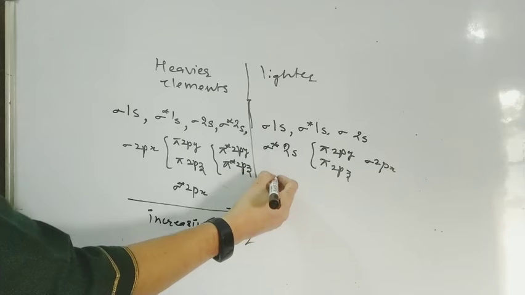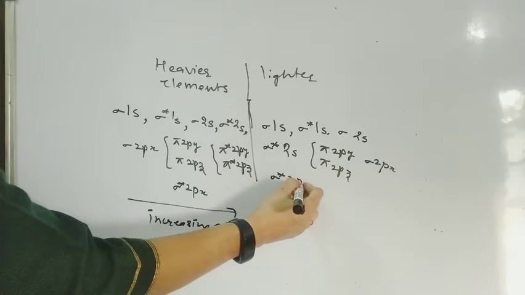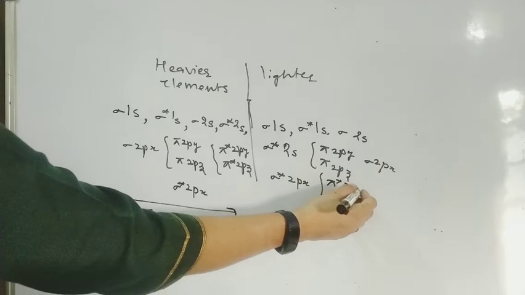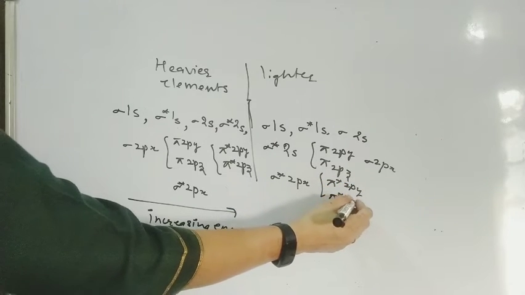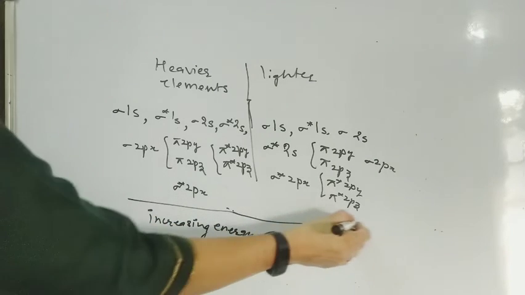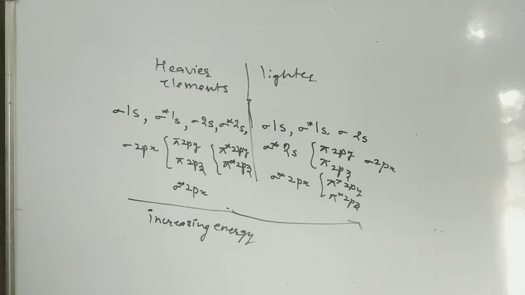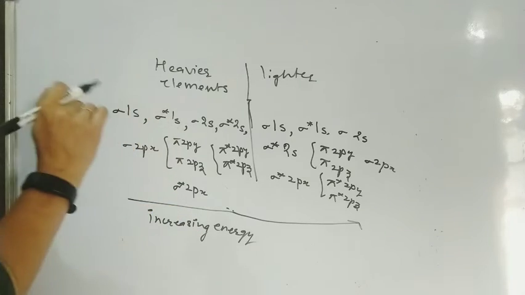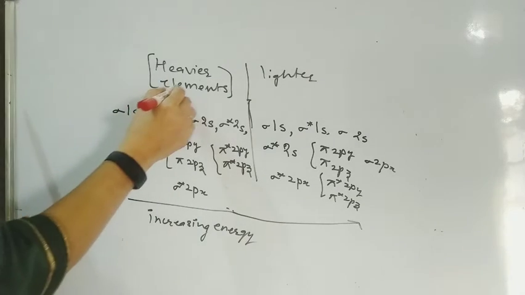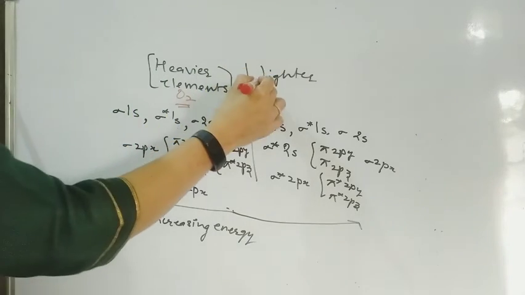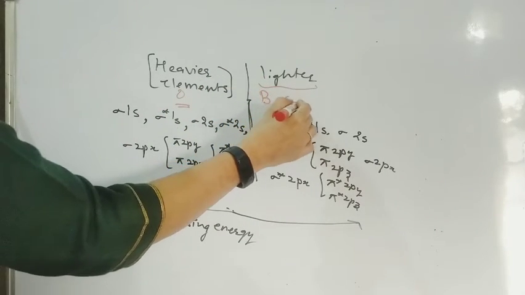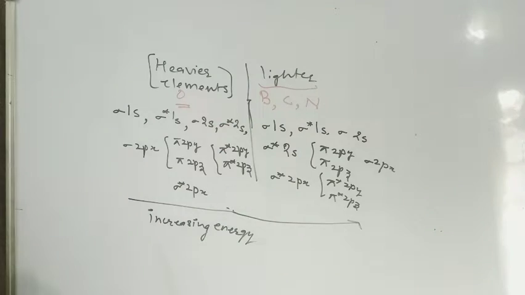After this, we'll have sigma star 2px and then pi star 2py and pi star 2pz, in the same way in increasing energy order. The heavier element we are talking about here is oxygen. The lighter elements are boron, carbon and nitrogen.